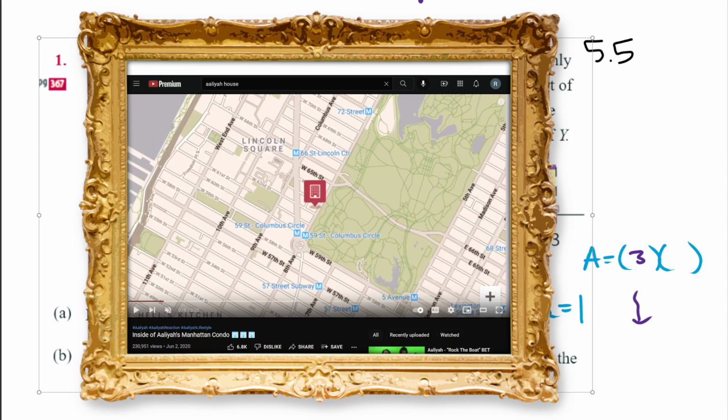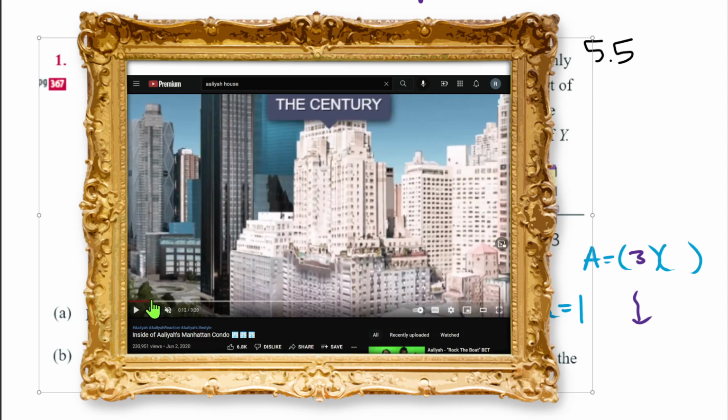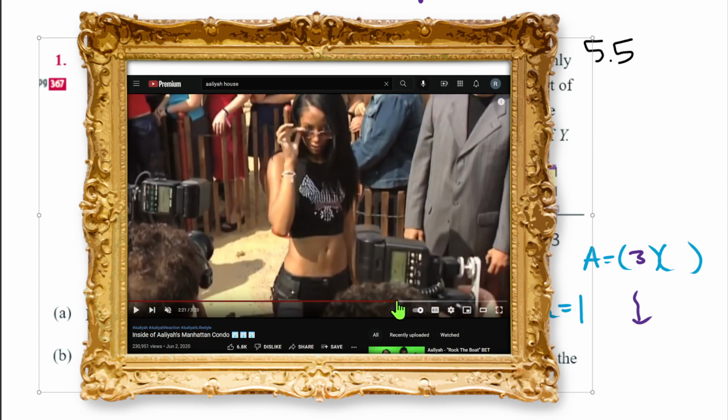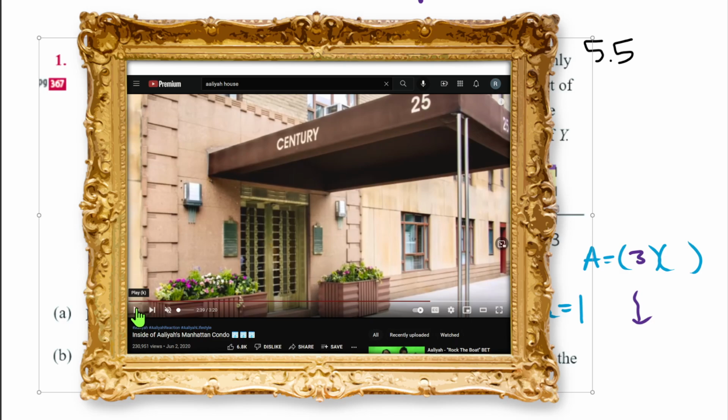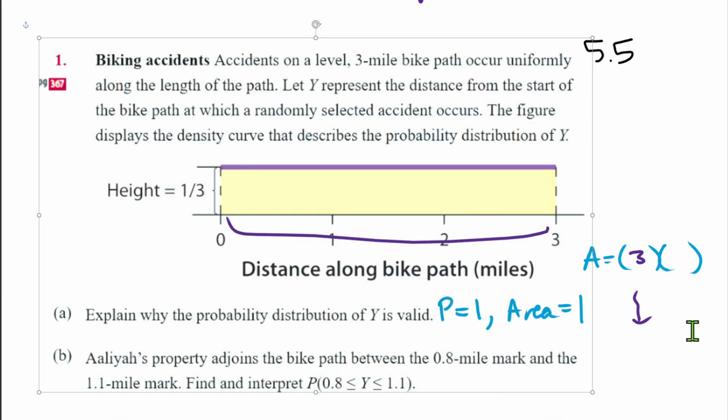Maybe I'm wasting your time, but I looked up, and before she died, Aaliyah had bought a really amazing, really expensive condo in New York, and it's not near a bike path or anything. It's just a fancy condo. And the house that she grew up in, in Detroit, is also not near a bike path. So the textbook authors, they're silly. Maybe they're Aaliyah fans. Although whatever.